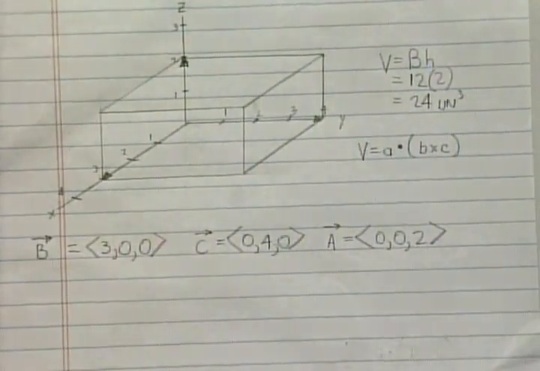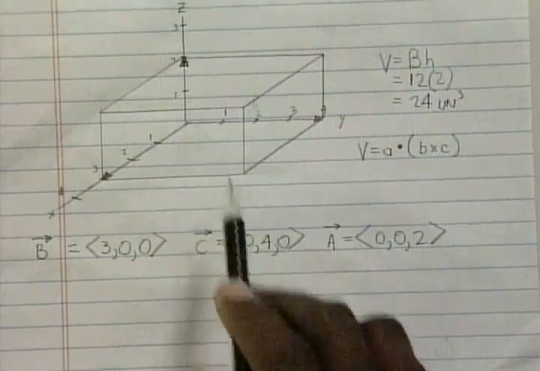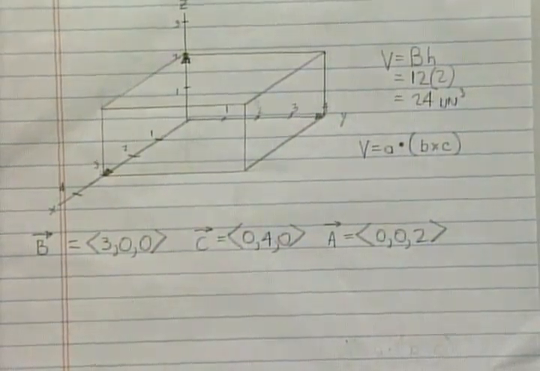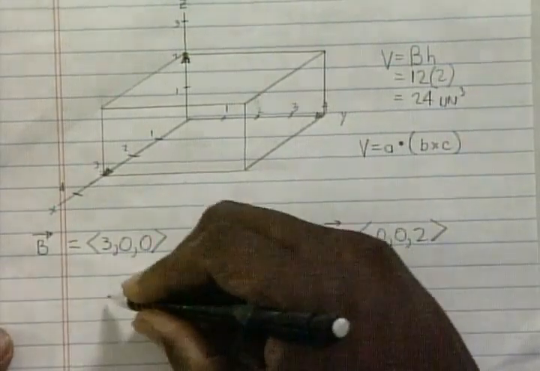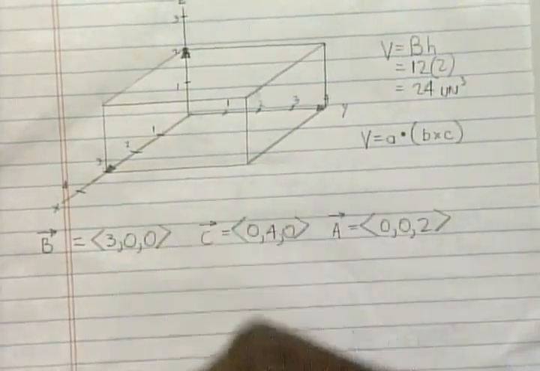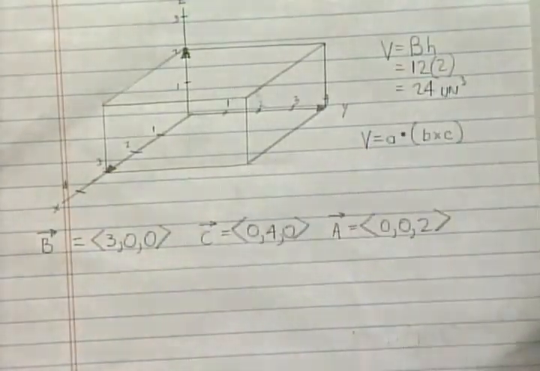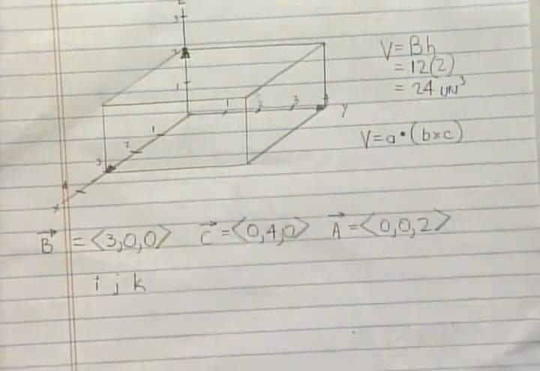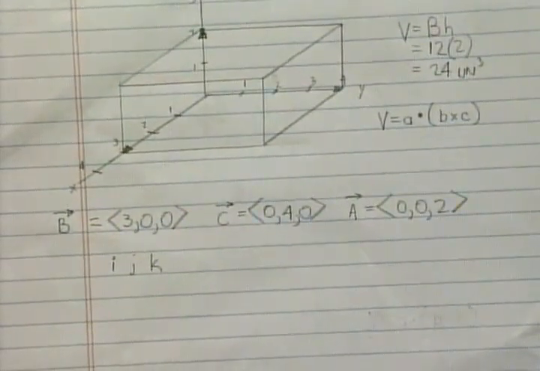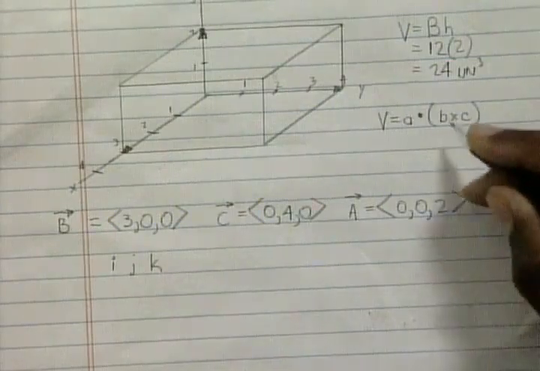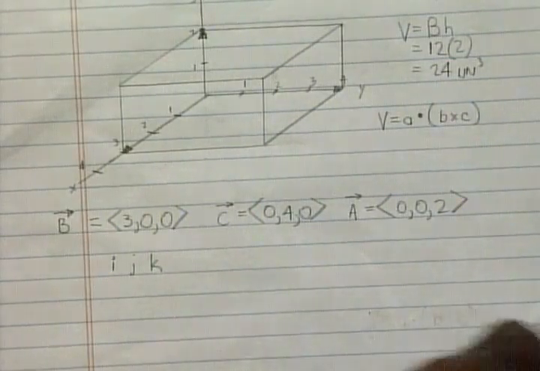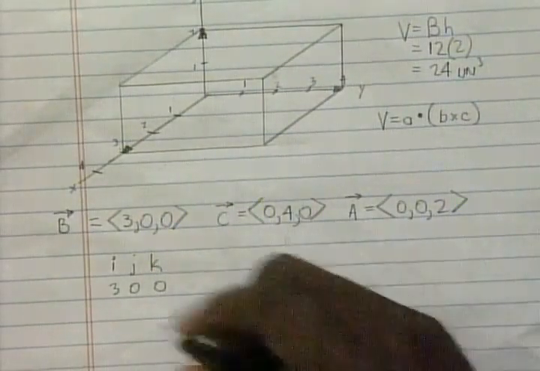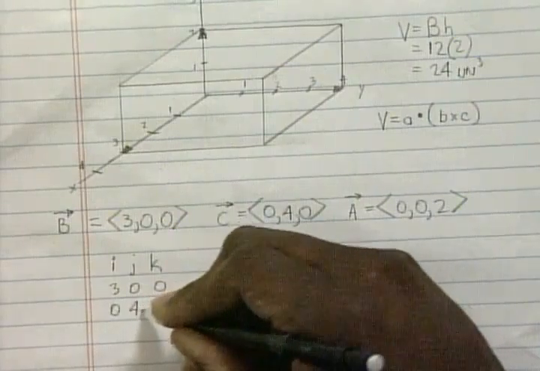So the way you'd find the volume of this prism is to take the cross product of vectors B and C. The way you take a cross product is you need to establish a matrix. Let's put i, j, k, and we want the cross product of B and C. My vector B is 3, 0, 0, and my vector C is 0, 4, 0.